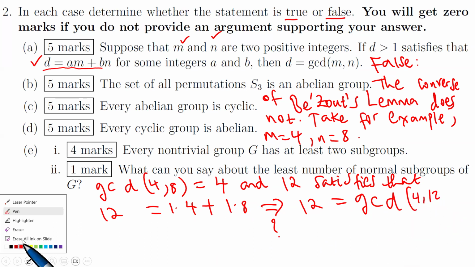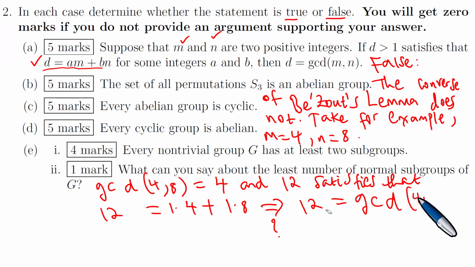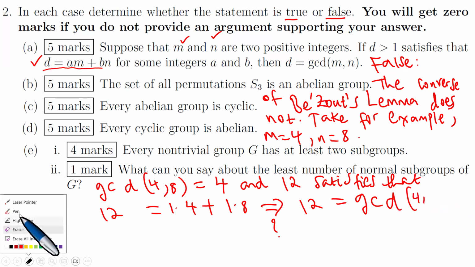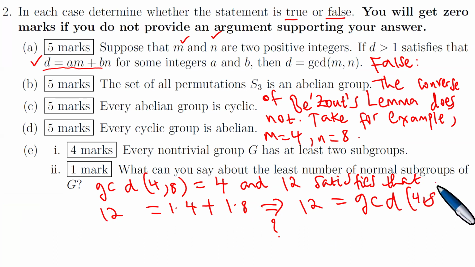Obviously, it is not true. So we have this, but yet 12 is not the greatest common divisor of 4 and 8, because we saw that it is 4. Indeed, this is a false result.